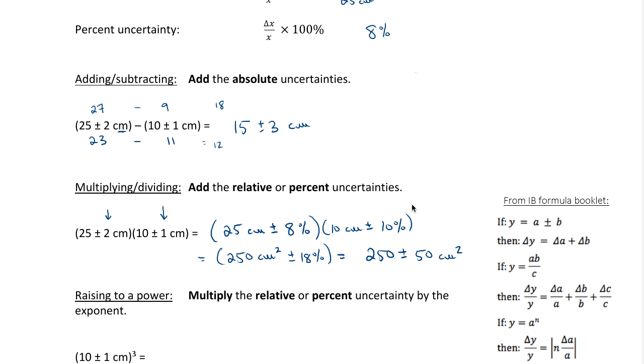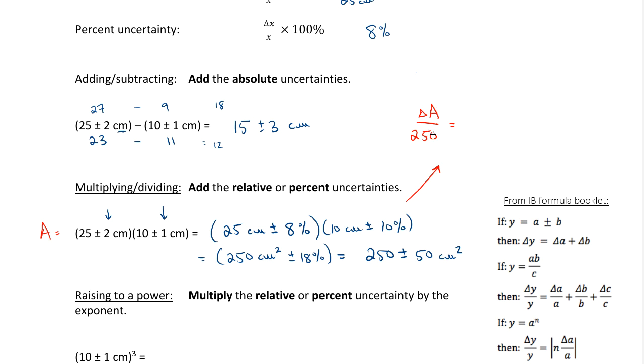Now, if you wanted to see another way of writing this out, you can use the formulas that you get in the formula booklet. We're working down here. This is telling you what to do when you multiply or divide things. And so we could say, let's call this area equals the uncertainty in our area. This is the absolute uncertainty, and this now altogether is the fractional uncertainty, is going to be equal to the uncertainty in each of these values. So in fact, let's erase that area there, and we'll say we already know that's 250.